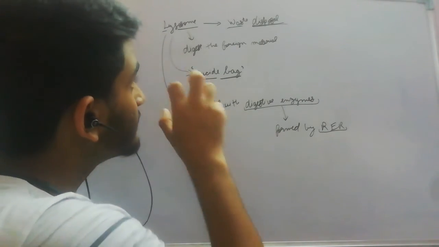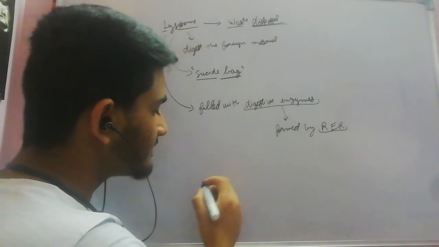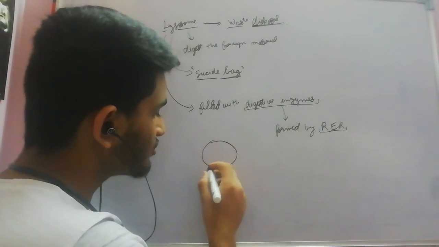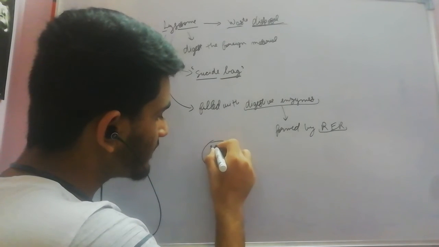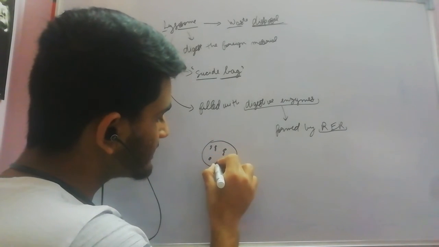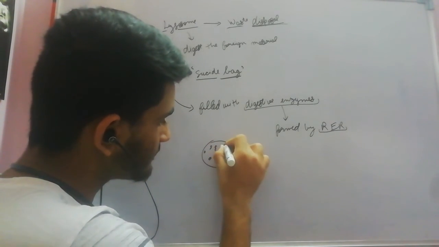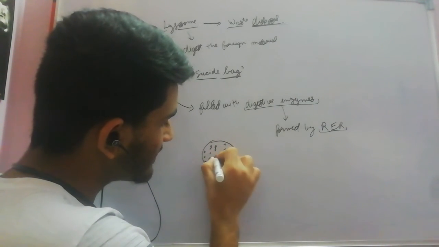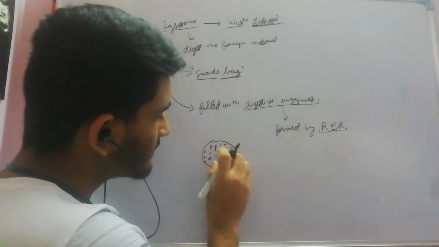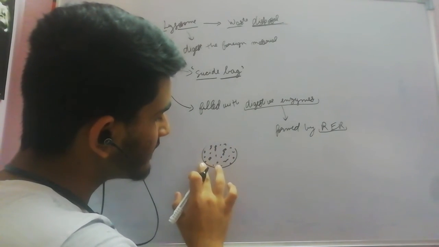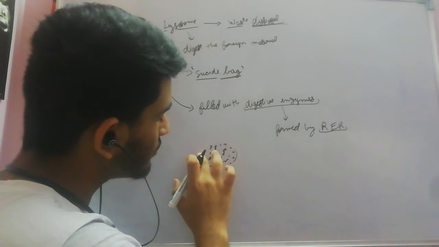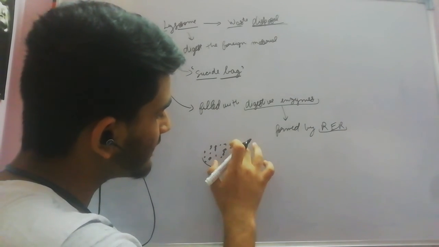And the lysosomes are filled with digestive enzymes. Let's say this is the lysosome. It is filled with digestive enzymes, and when the cell gets damaged, the lysosome bursts. The lysosomes burst, and these digestive enzymes are free to roam in the cell.